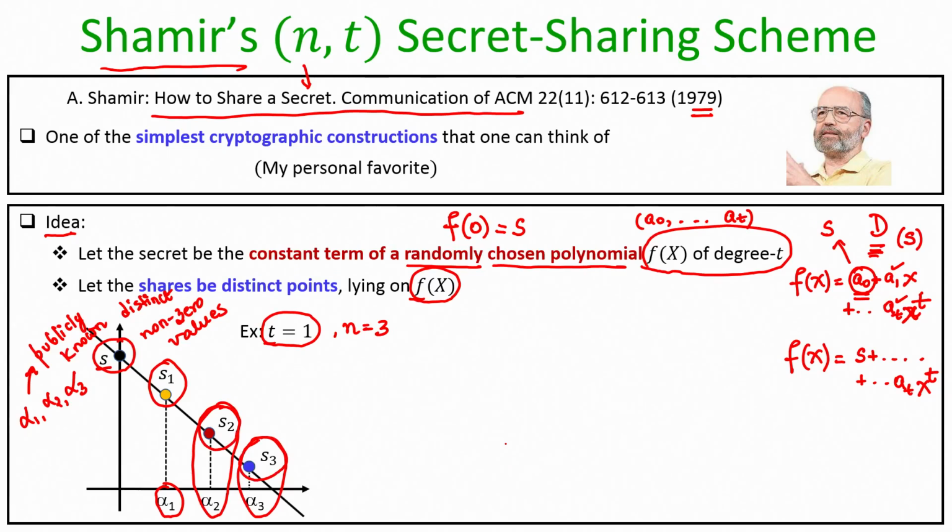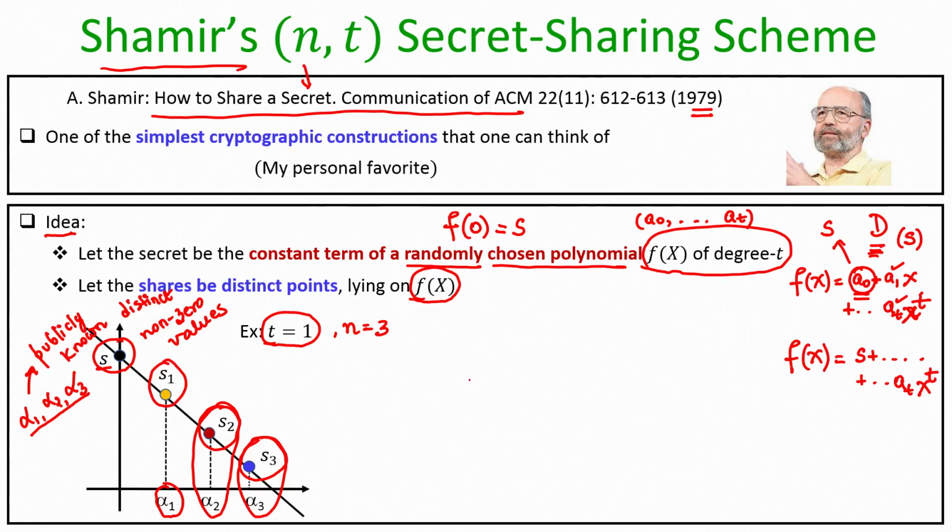Again here everyone will know the value of alpha 1, alpha 2, alpha 3, that is not hidden, and everyone will know that the first shareholder is getting the value of the dealer's straight line at x equal to alpha 1, but what exactly the straight line was, that is not known, that is important.